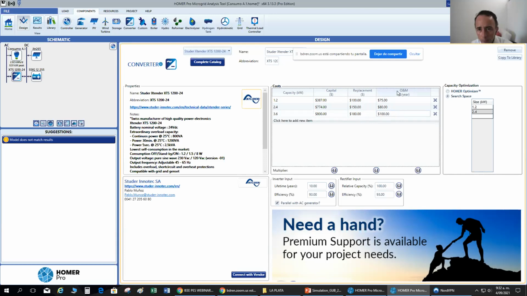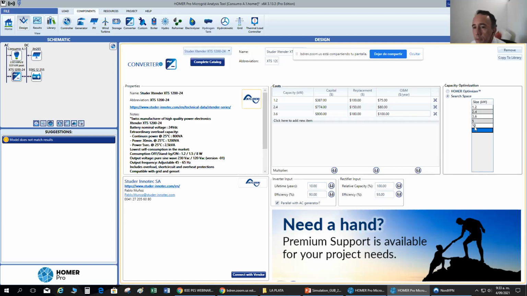Okay, ready. What happens with this? HOMER has 2 ways to optimize this. One is that it can optimize automatically with this information, or we can tell HOMER to only search and create the iterations with this equipment, just 1.2, 2.4, 3.6, and maybe I'm going to tell it that there's another one, 5 kilowatt and 10 kilowatt.